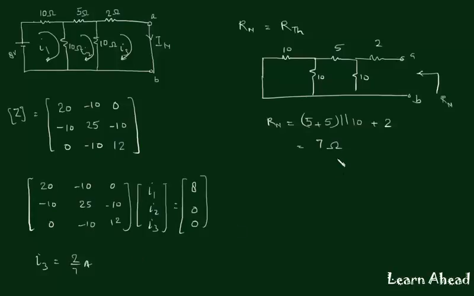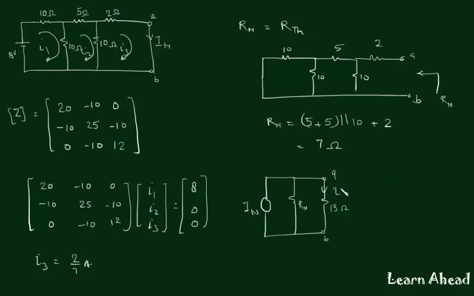After finding Norton's current and Norton's resistance, you can redraw the circuit like this: a current source IN and a resistance Rn in parallel, with terminals A and B. Now you can connect the 13 ohm resistance, and our aim was to find this current.